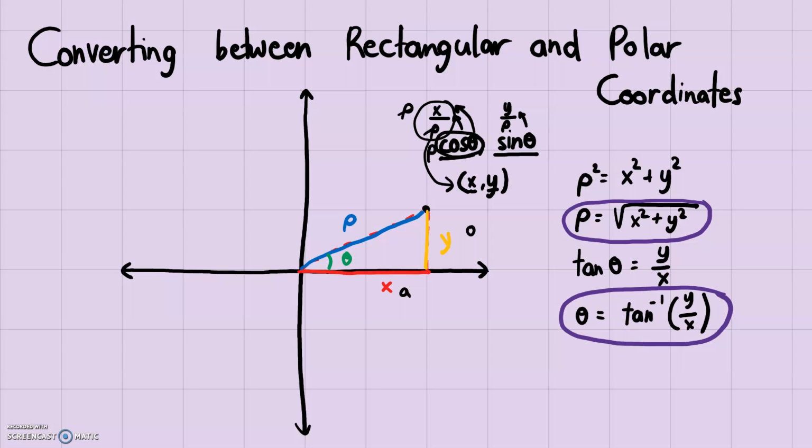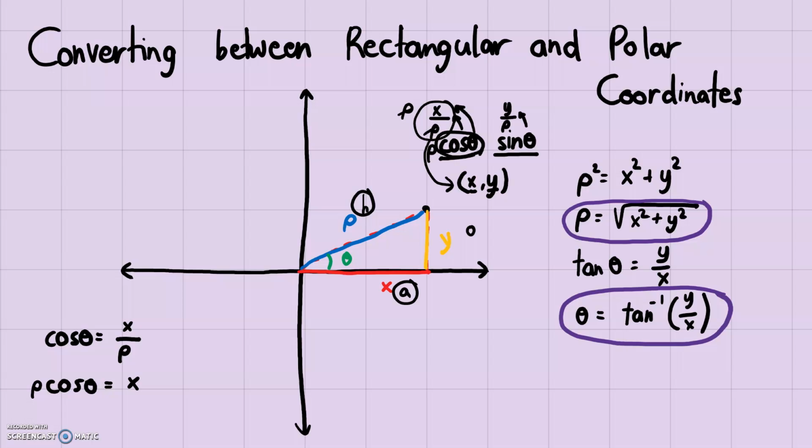So let me write this out more neatly down here. So cos theta equals x over rho. According to the Pythagorean property, it's the adjacent over the hypotenuse. Therefore, rho times cos theta will just equal x, right?